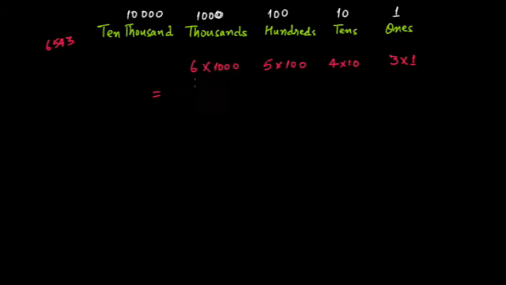This will give you 6,000 plus 500 plus 40 plus 3. You will read this number as 6,543.